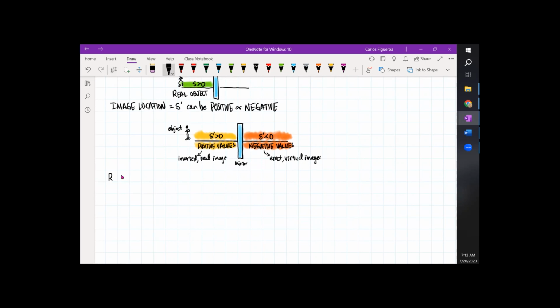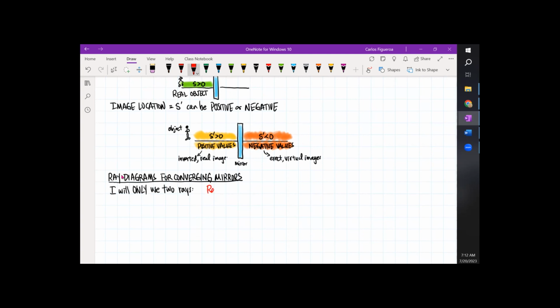So the first thing that I'm going to look at is ray diagrams for converging mirrors. Similar to lenses, I will only use two rays, just like I did before.